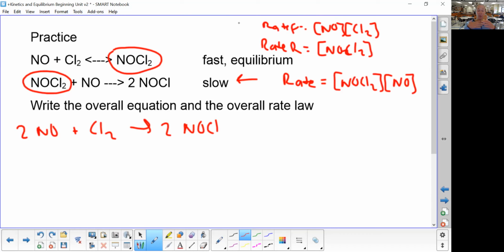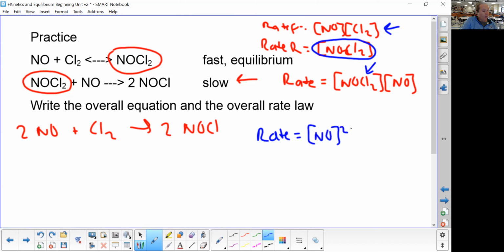Because the rates would have to be equal, we can substitute this with these two. And so if we plug those in to here, the rate law is going to be the NO, we've got two of them, squared, times the Cl2.